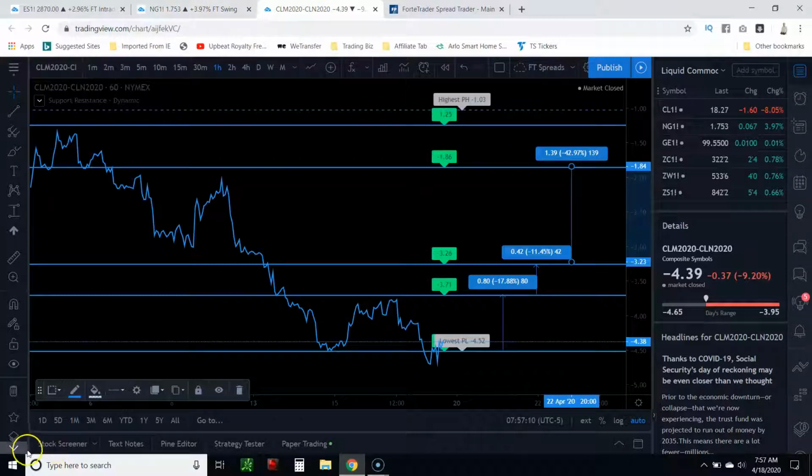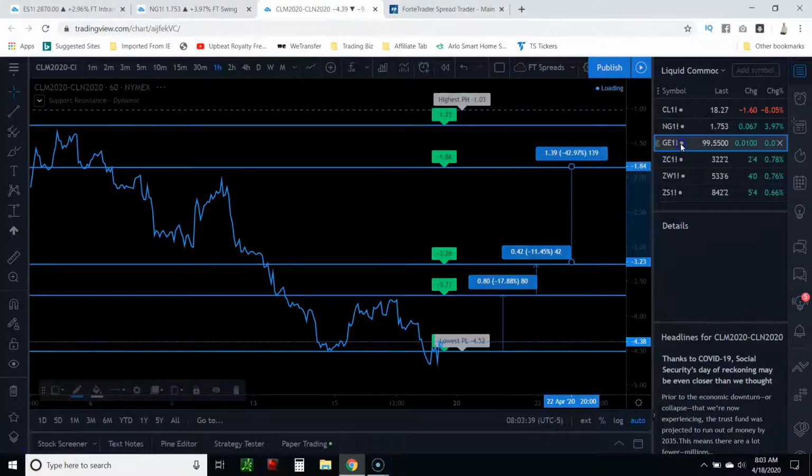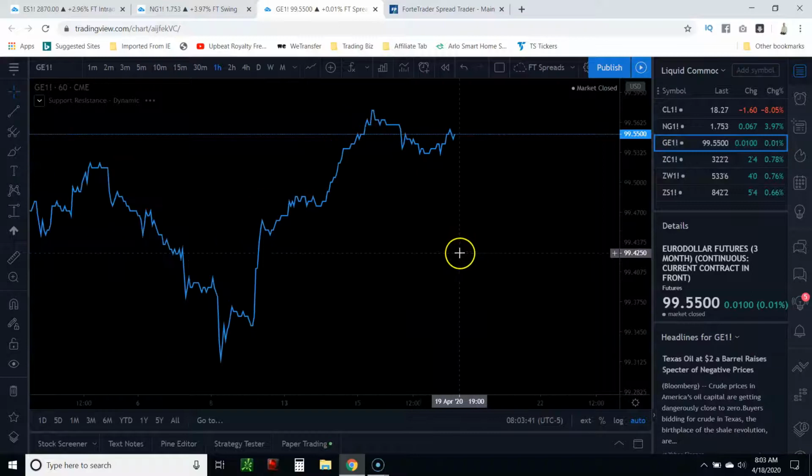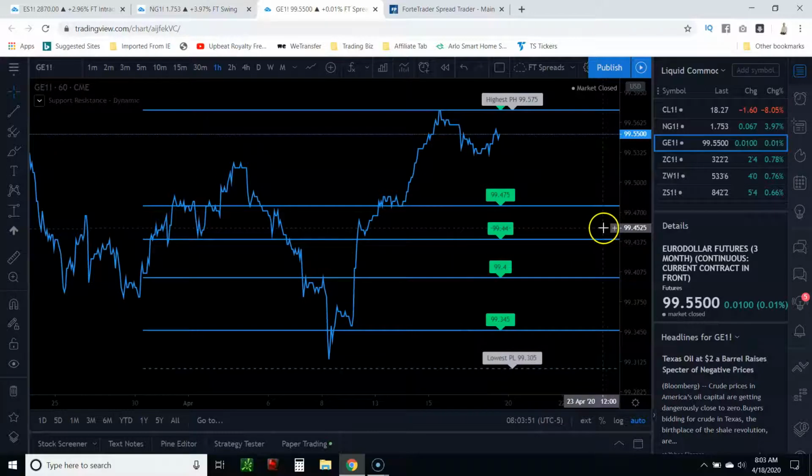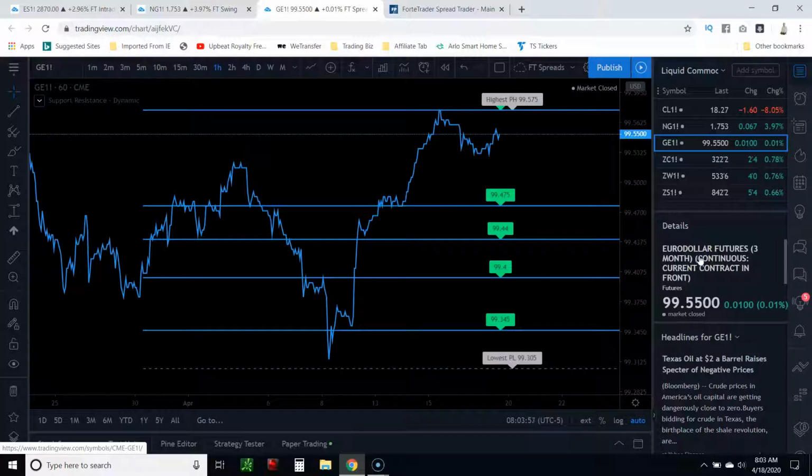Let's go ahead and pick another commodity. Let's look at Eurodollar. This is one that I've really been getting into a lot lately. I've simmed it a lot. I've seen good results on it. It's super liquid. It's basically the 3-month interest rate, the front part of the yield curve.